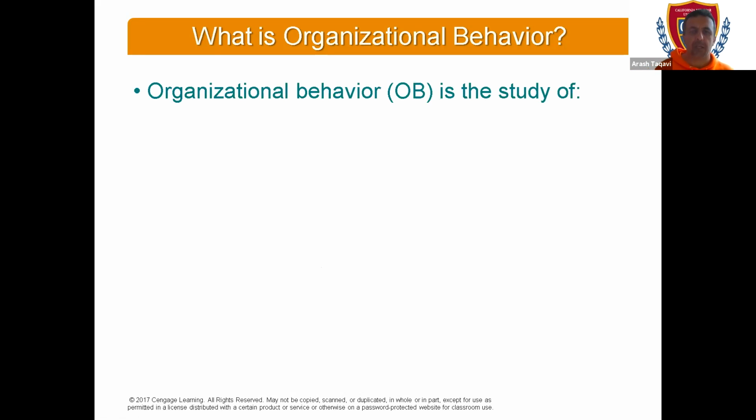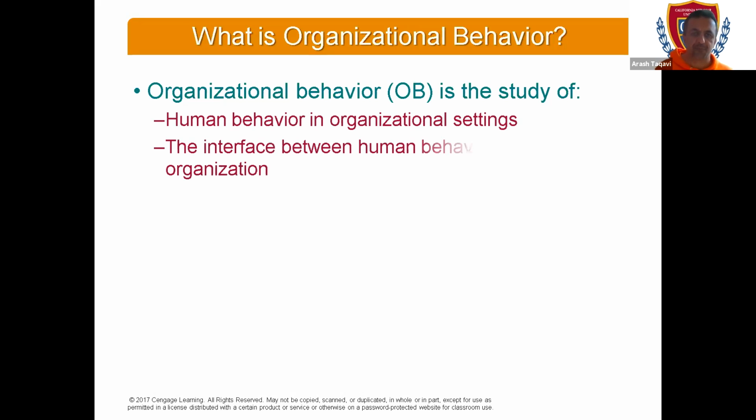OB, or organizational behavior, is the study of human behavior in organizational settings. Because the major part of an organization is the personnel, the co-workers, human beings, maybe you cannot consider organization as a living being, but the elements and components of organization are living beings, because they are human beings. So at first, OB is the study of human behavior in organizational settings. Two, the interface between human behavior and organization.